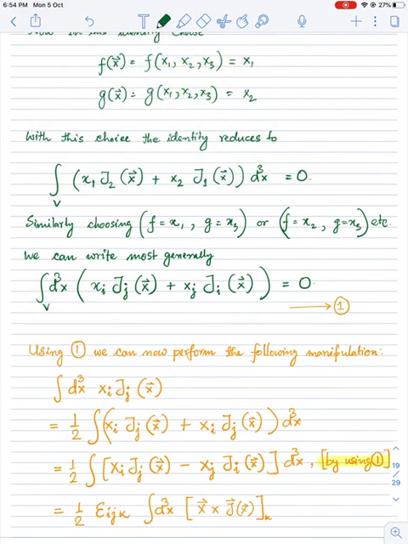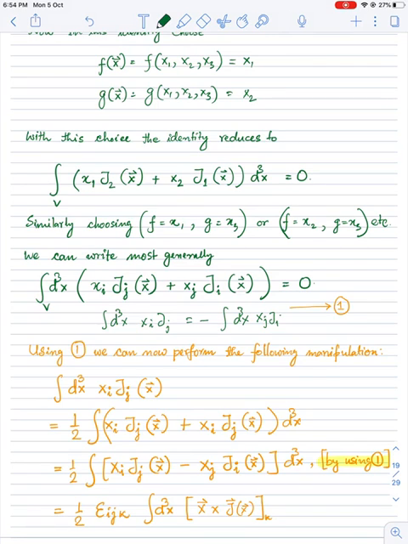So the volume integral d cube x of x_i j_j is equal to minus the volume integral of x_j j_i.